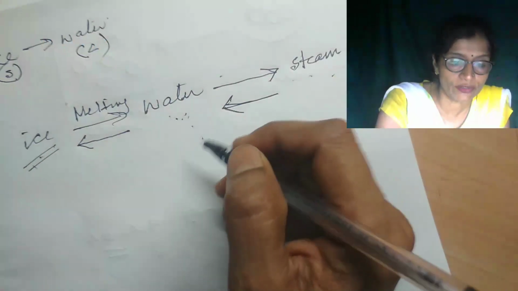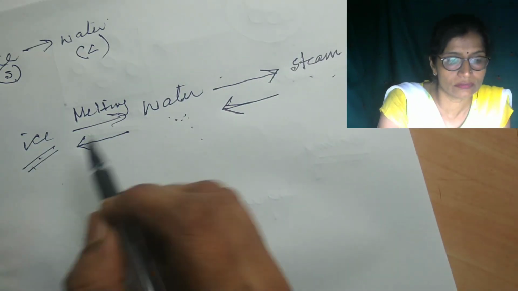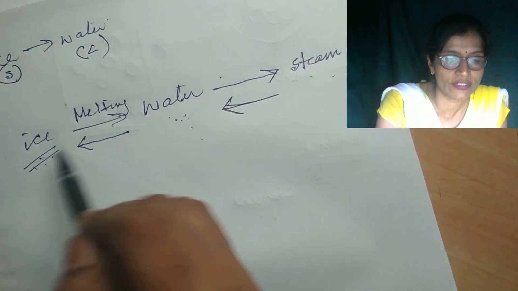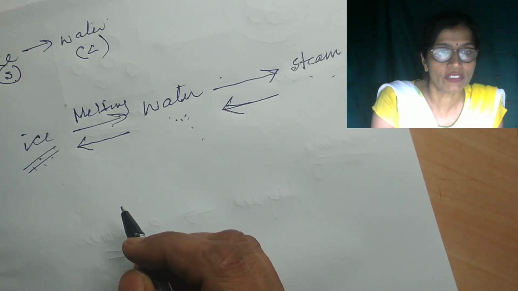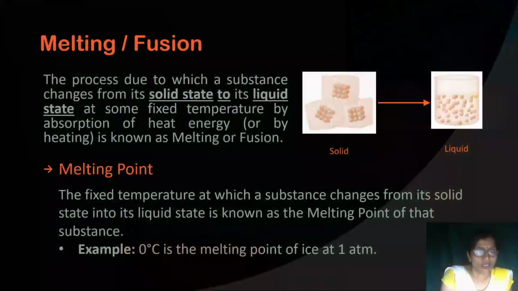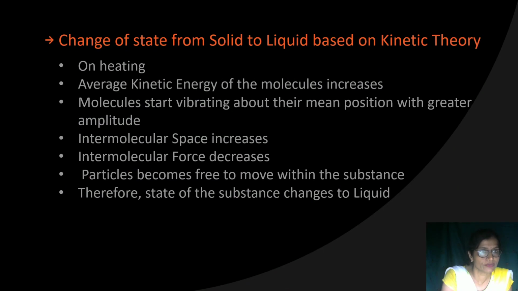Now I will explain how a substance changes from solid state to liquid state with the help of kinetic molecular theory. According to kinetic molecular theory, within a solid substance the particles are very close to each other, which means the particles are tightly packed.